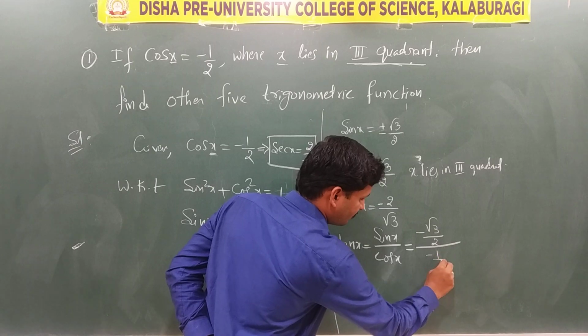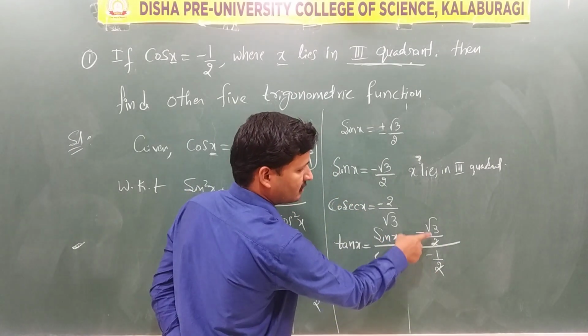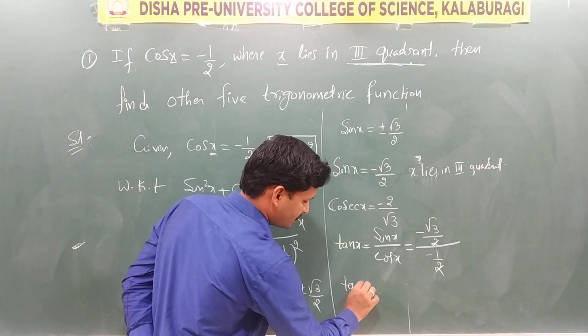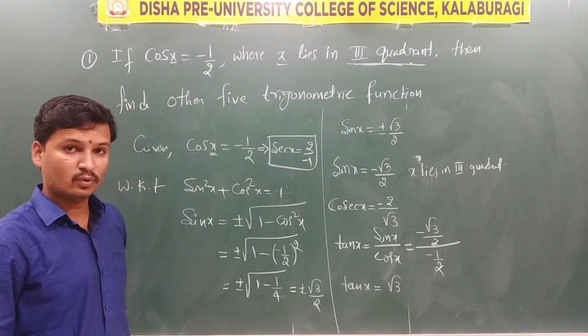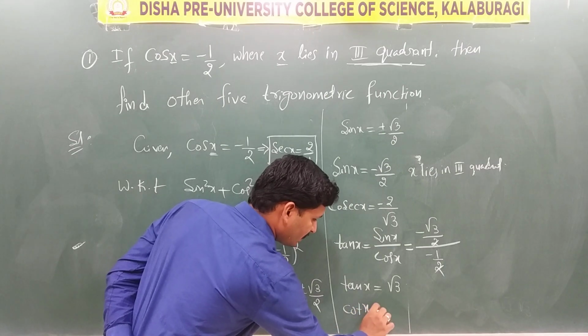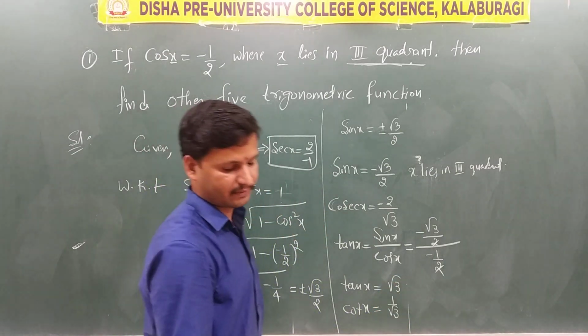So here 2 gets cancelled, minus minus cancelled. So root 3 by 1, that is root 3. So that tan x is equal to root 3. If tan x is root 3, then cot x is 1 by root 3. Correct now? That is the reciprocal of the tan function.